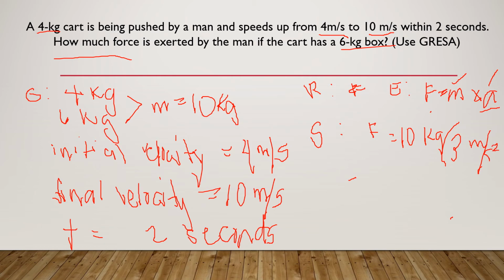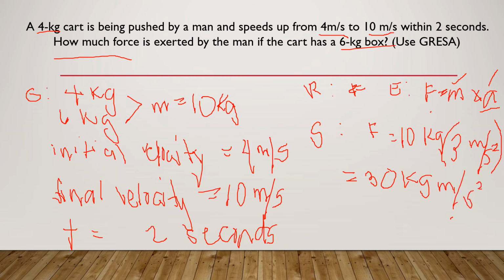I will just put squared, or per second, it's just the same. Okay, so you need to multiply 10 by 3, very elementary. So the correct answer is 30. No units are the same, so you just need to copy the units: kilogram meter per second squared.